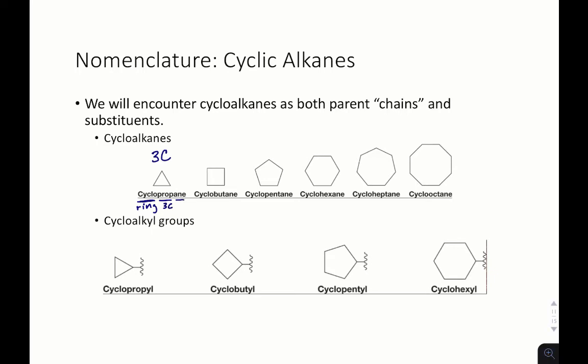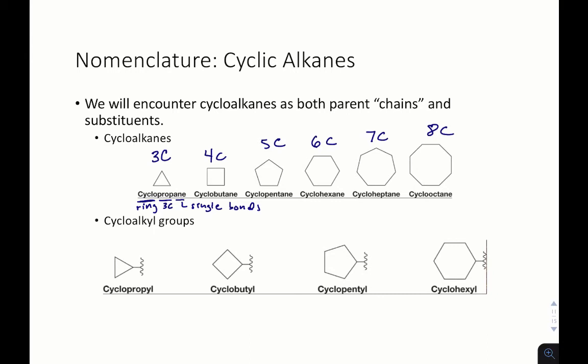Prop, because it has 3 carbons. Ane, because it's all single bonds. Cyclobutane, cyclo for a ring, but for 4 carbons. 5 carbons is cyclopentane, 6 is cyclohexane, 7 cycloheptane, and 8 cyclooctane.